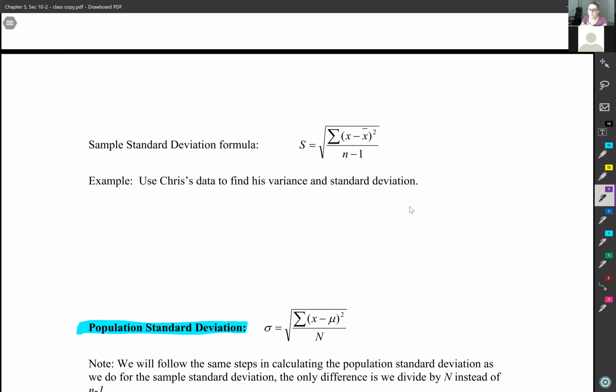I'm not going to require that you understand why it's n minus 1 versus n, but I just wanted to throw that out there in case anyone's wondering why it's different. So once again, it's just because sometimes when your population is large and your sample is small, this is actually an underestimate if we just divided by n. So they just change it to be dividing by n minus 1 instead. So just to explain that.